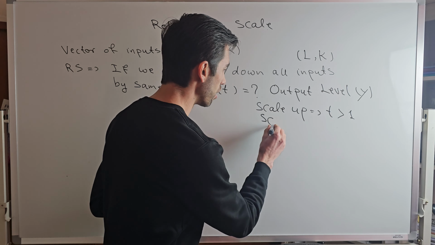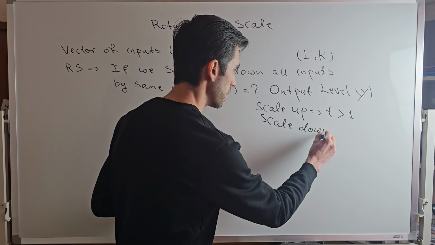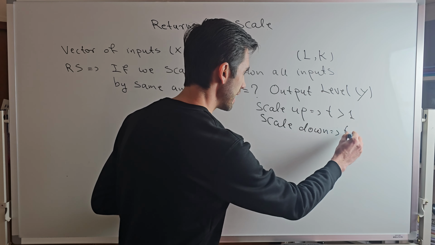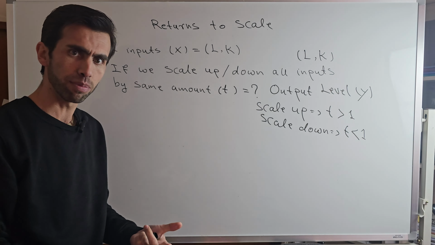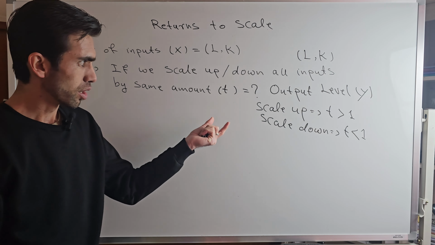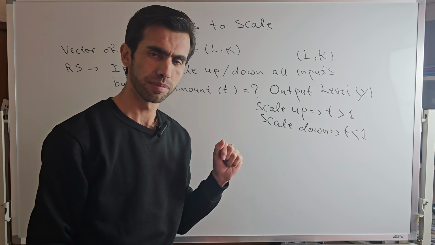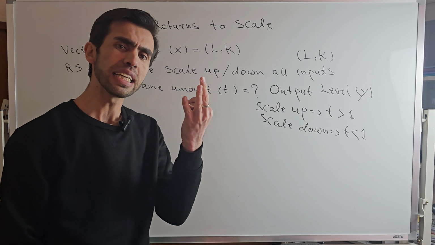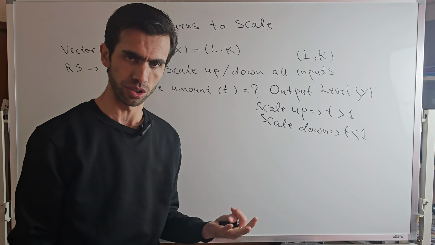And scaling down means that t is less than 1, which means we decrease the level of input from what we have now. So in both cases, what will happen to the output level? There are three possible outcomes, three types of returns to scale.